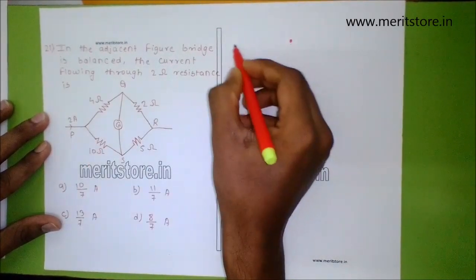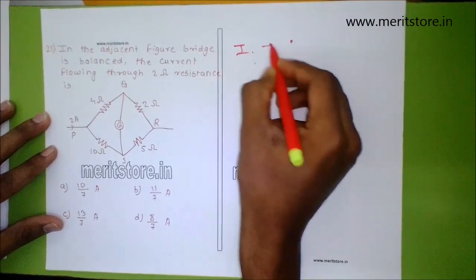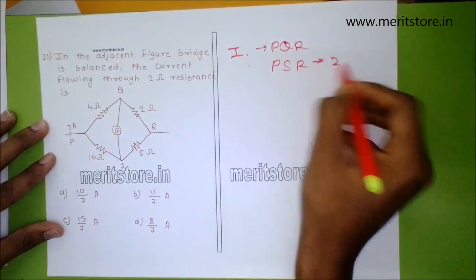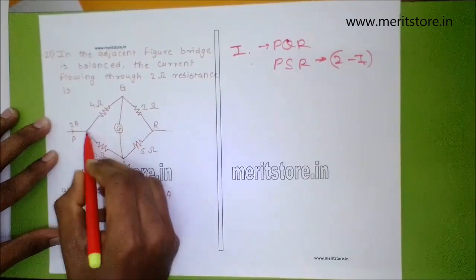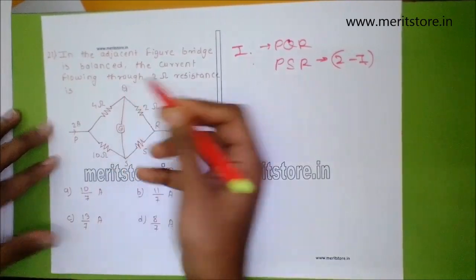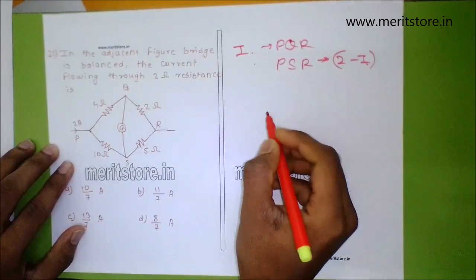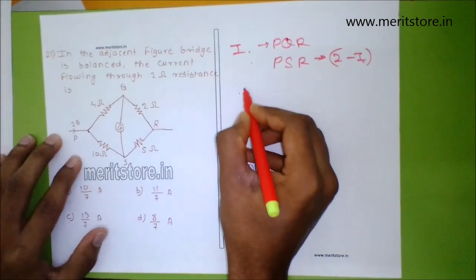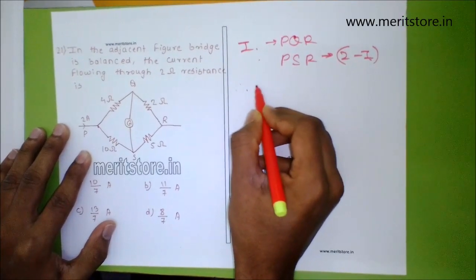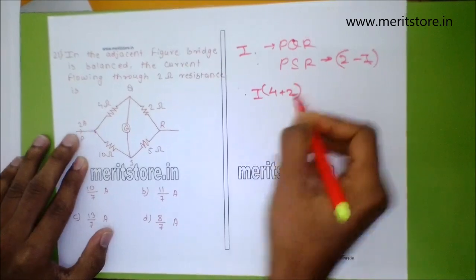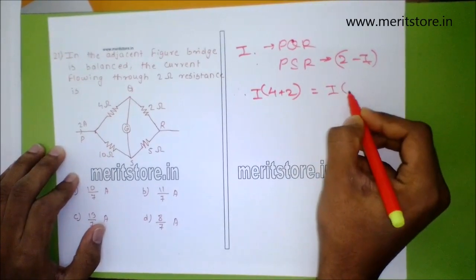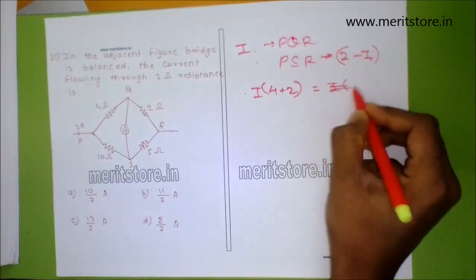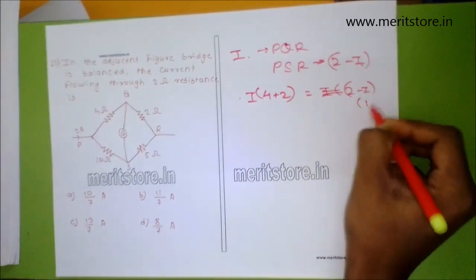Let the current flowing through the arm PQR be I. Therefore, the current flowing through the arm PSR would be 2 minus I. Since the potential difference across both the arms, P and R, would be the same, we can equate the potential differences across both the arms as I times (4 plus 2) is equal to (2 minus I) times (10 plus 5).